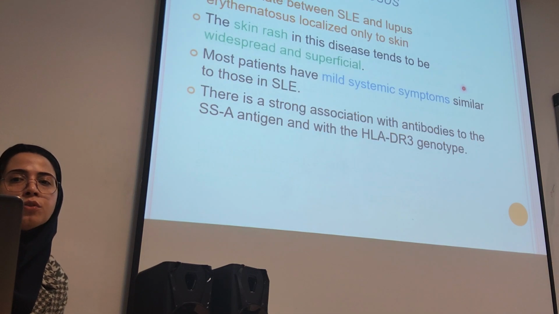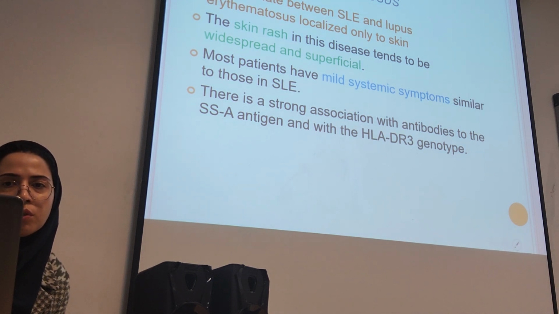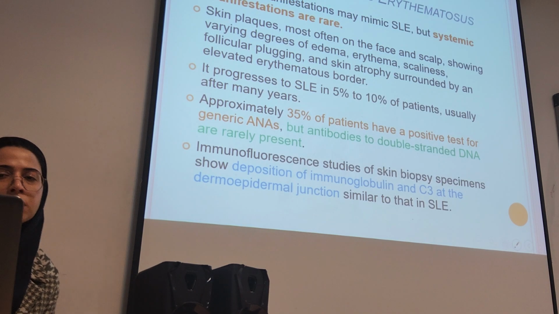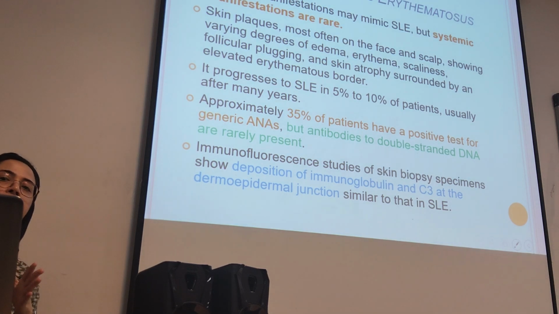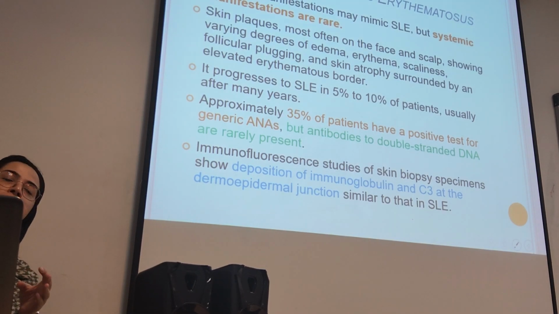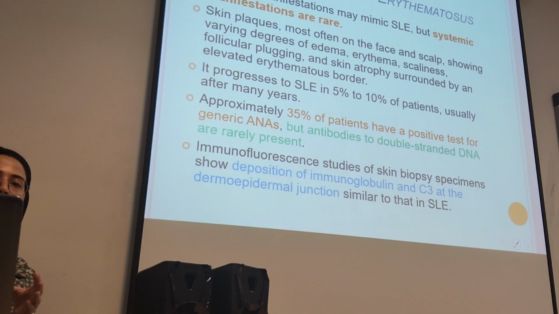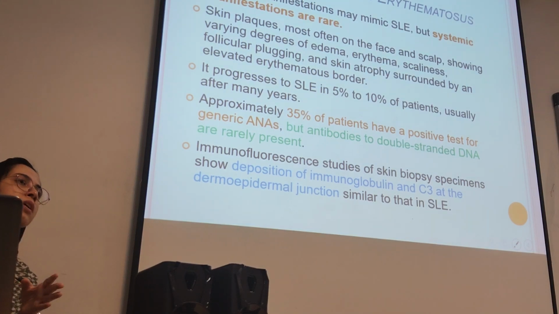And we have two different types of lupus. One of them is chronic discoid lupus erythematosus. In chronic discoid lupus erythematosus, we have the skin manifestations, but systemic manifestations are rare.